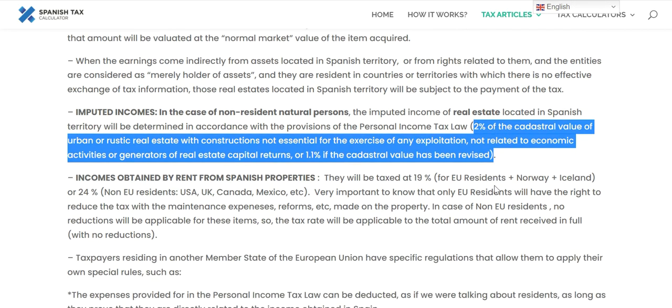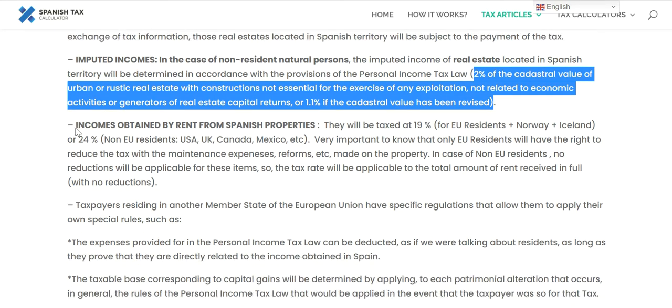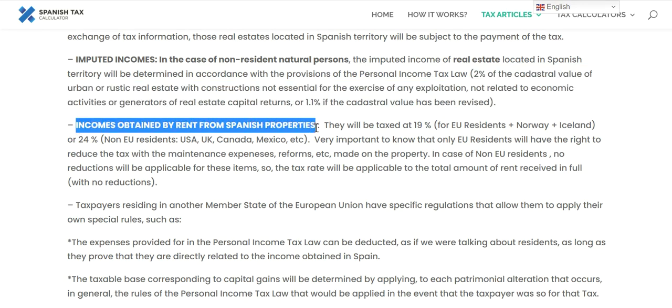You will see later on in this explanation that you will have the formal obligation every year to present taxes for these incomes, which are generated as an imputed income from the Spanish system. Together with the imputed incomes, there are the normal incomes, which are incomes obtained by rent from Spanish properties. Well, this is easier to understand than the imputed incomes, because this is the typical income that you receive when you rent a property in Spain.